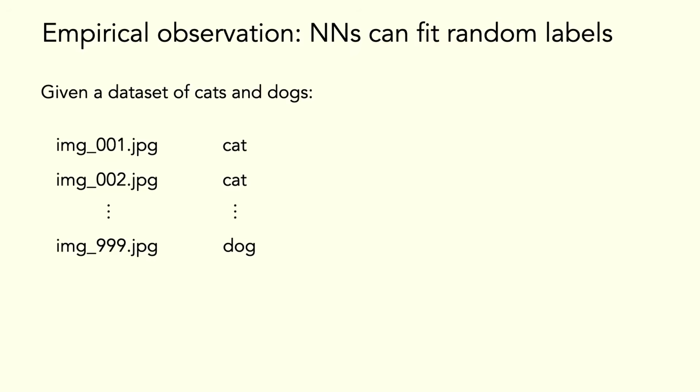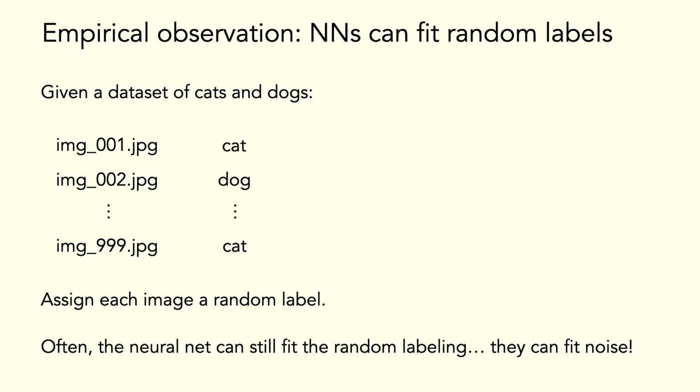I take my data set where the cats are labeled cat and dogs are labeled dog, and now I'll just randomly permute the labels, assigning each image a random label. So now some dogs are labeled cats, some cats are labeled dog, some cats are labeled cats. It's completely random labels. And it turns out that in practice, the neural nets we use can fit any random labeling. In other words, they can achieve any dichotomy.